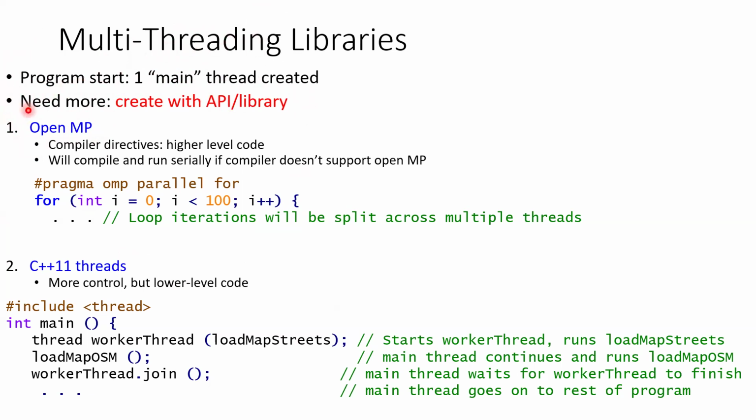If you need more, you can use OpenMP, which is higher-level code decided by the compiler, and it will compile and run serially if the compiler doesn't support OpenMP. But our computer supports it, so for a for loop, your compiler will split the loop into different chunks according to how many threads it can run.